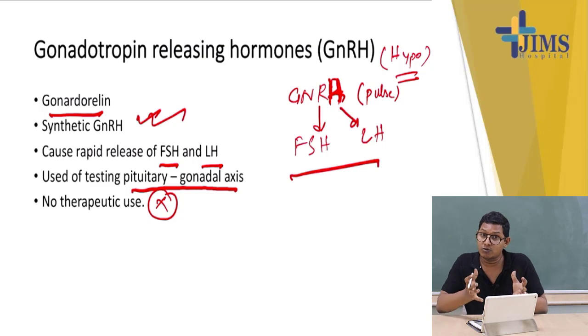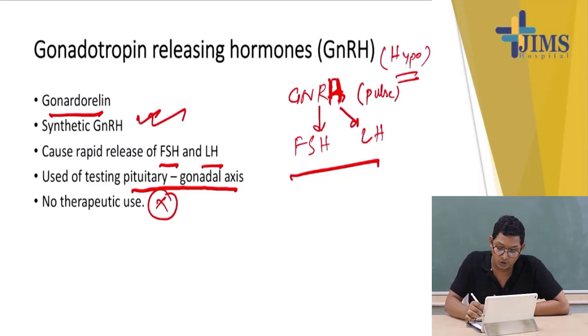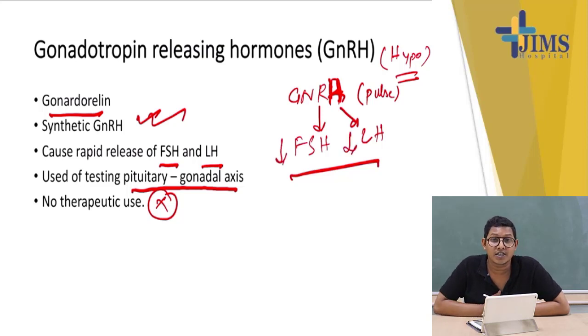Once you give a continuous infusion, or a continuous supply, of gonadotropin releasing hormone, you will see down regulation of the gonadotropin releasing hormone receptors, and there will be desensitization. So due to desensitization and down regulation, this gonadotropin releasing hormone, which was initially increasing the synthesis of FSH and LH, will now lead to reduced secretion of FSH and LH.